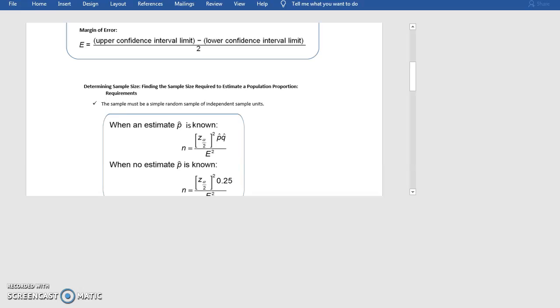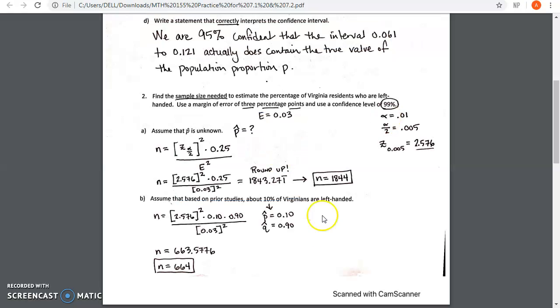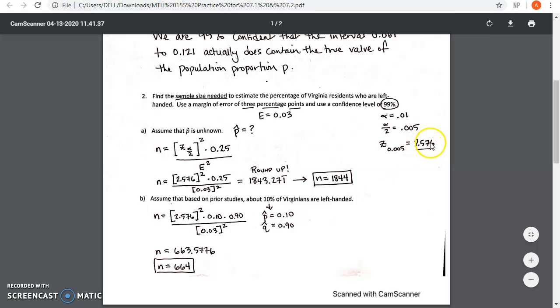Those are the two numbers that you can use in the formula. So you'll use this formula since you know p-hat. Okay, you've got an estimate of p-hat. So that's what we plugged in here. So n, our sample size, equals the 2.576, which came from over here. You've got to square that, times your p-hat, which is 0.10, times your q-hat, which is 0.90.